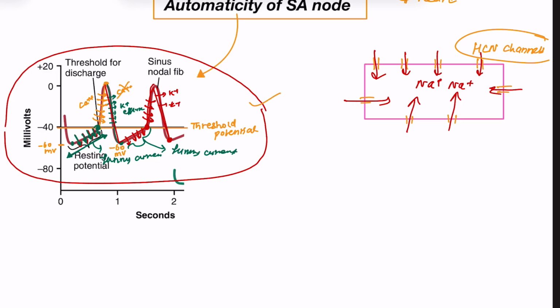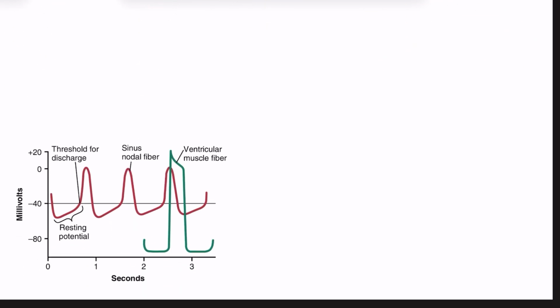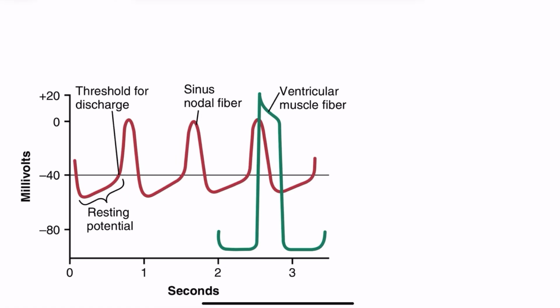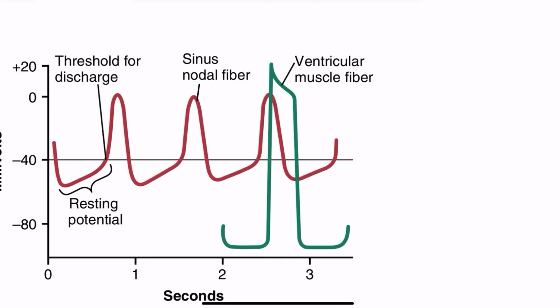Now let's compare this graph of SA node with the graph of ventricular muscle fiber. Why is the SA node able to produce impulse on its own, but the ventricular muscle fiber is not able to, and is dependent on the external stimulus for its depolarization? The red line represents the SA nodal activities, while the green line represents the ventricular muscle fiber activity.